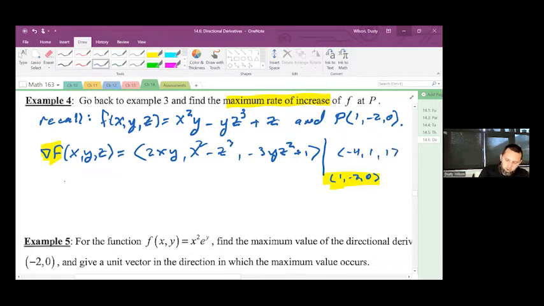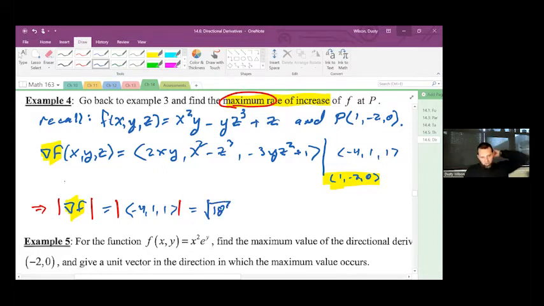So we've found our gradient vector, and if we want to find the maximum rate of increase, what we need is the magnitude of this gradient, which would be equal to the magnitude of the vector (-4, 1, 1), which is square root of 18.